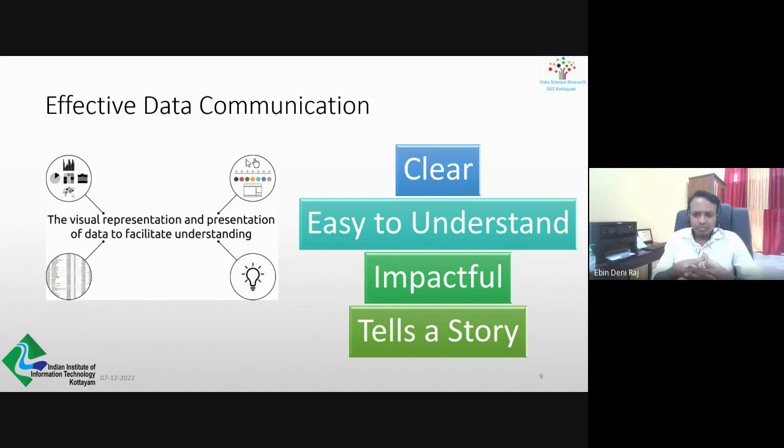So the famous author Edward Tufte, in his 1983 book named The Visual Display of Quantitative Information, which is a very good book, defines graphical displays and principles for effective graphical display as, say, excellence in statistics or graphics.